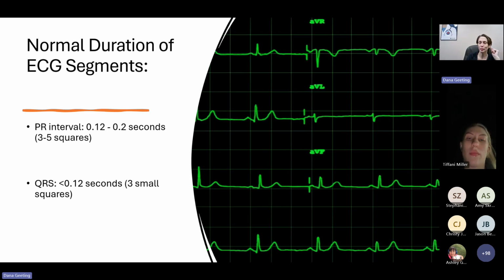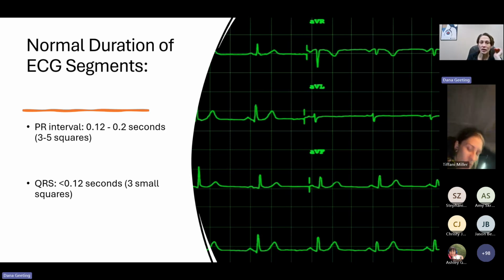Depending on the speed of your printing is depending on how many blocks would be considered a minute, 3 minutes. But your PR interval should always be between 3 to 5 squares. Your QRS complex is anything less than 0.12, and that would be less than 3 squares when you're measuring your QRS complex.